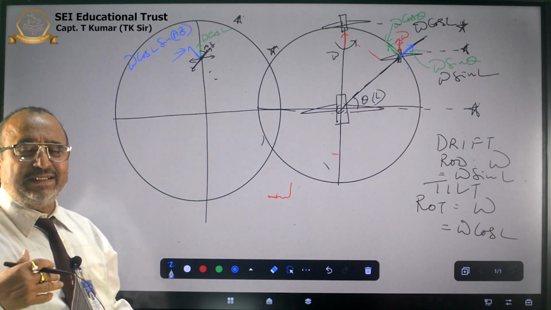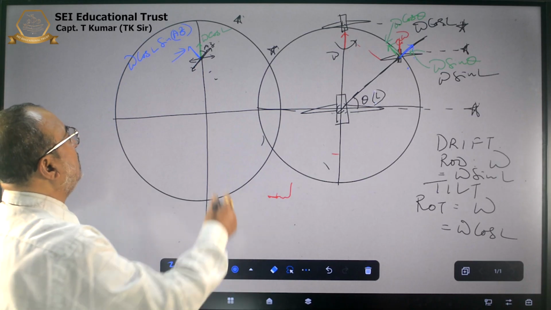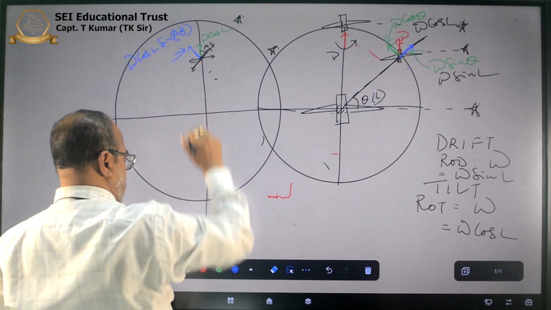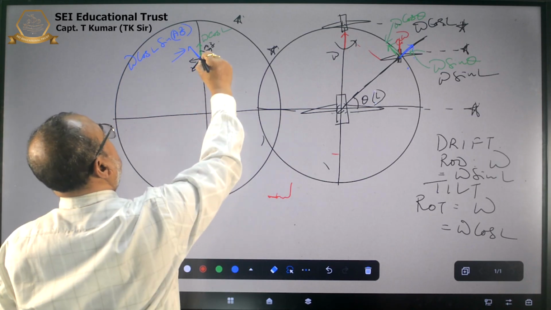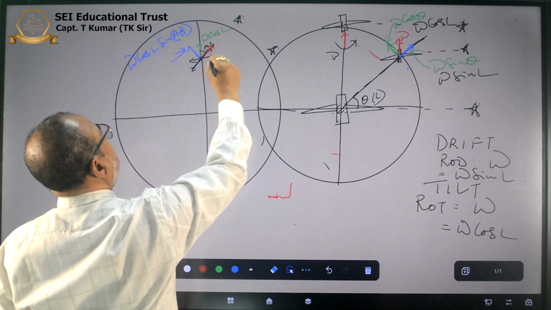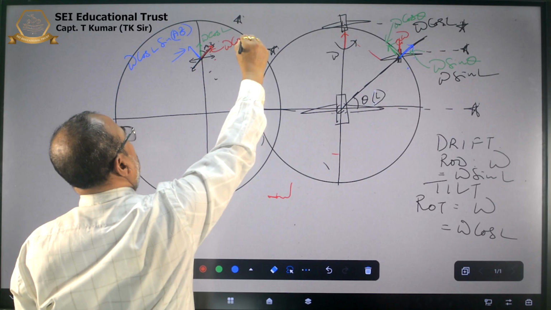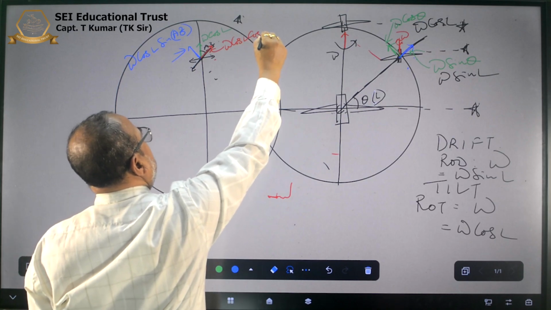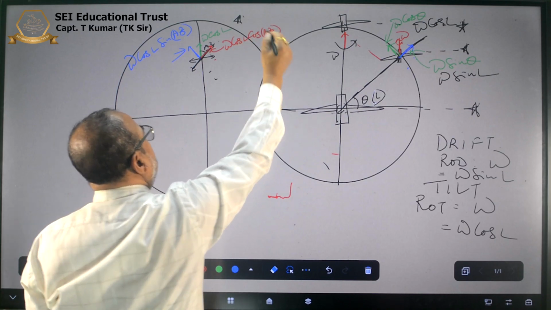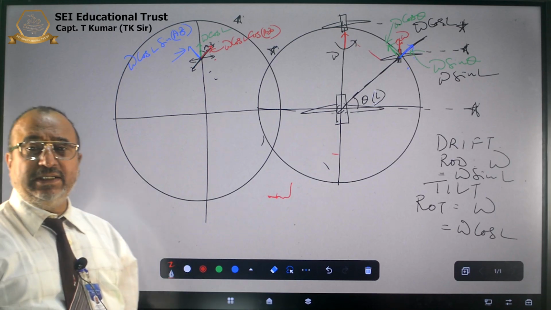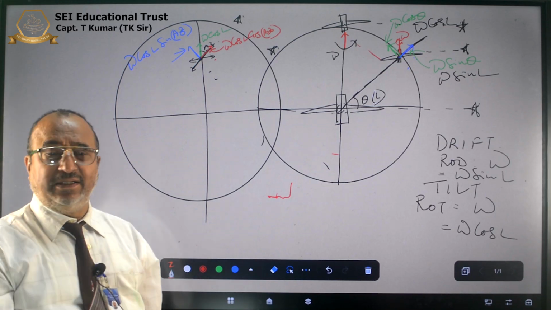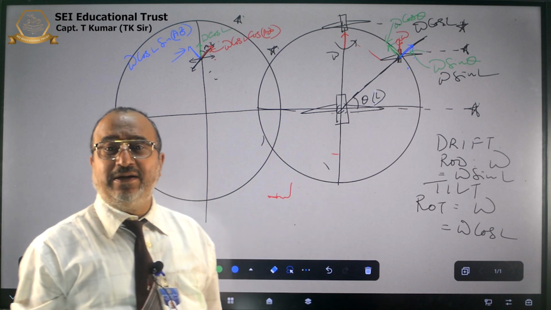So, there will be another subcomponent lying along this axis, and this will be omega cos lat cos azimuth. So now you can see the main vector, that is omega.